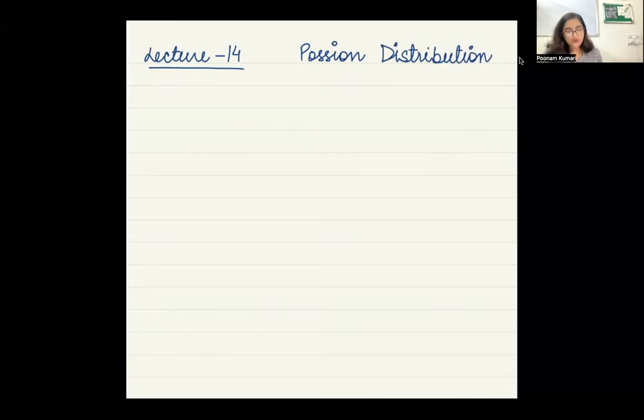We want to understand the Poisson distribution, and we also want to do a lot of problems, questions, practice, PYQs. This is the last topic from chapter number 3, which is the discrete random variable.